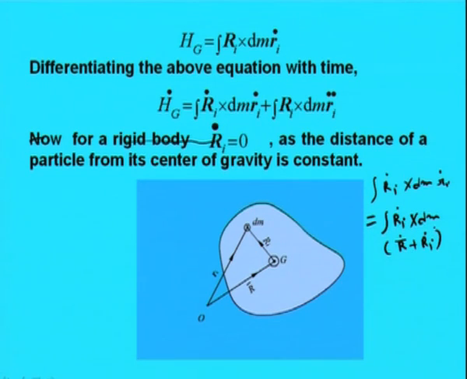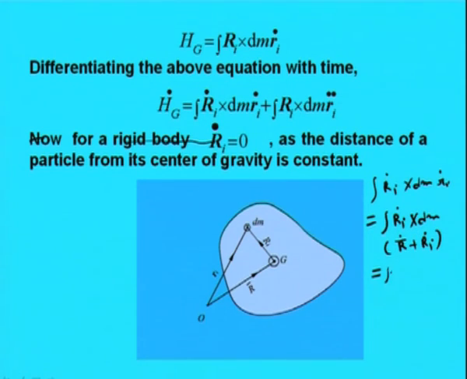Then the second term will obviously become 0 because the cross product of Ri dot with Ri dot is 0, and the first term becomes 0 by the definition of the mass center.